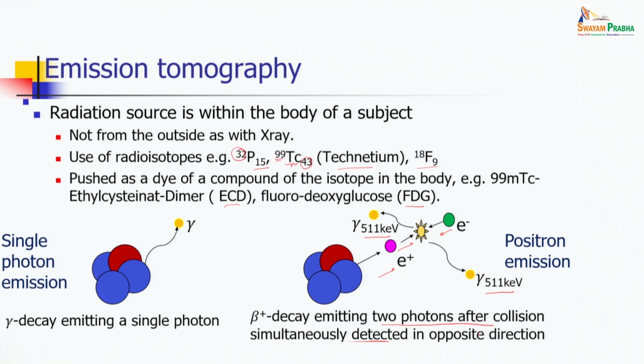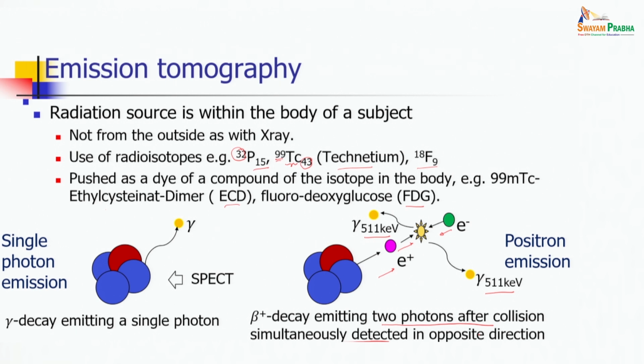So, simultaneous detection of these photons can indicate that this positron emission took place, and that is the activity of the radioisotope. So, the presence of radioisotopes is only detected by the detection of photons, either for single photon emission or for positron emission.